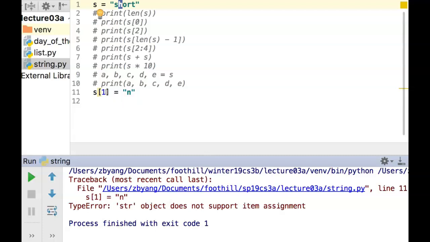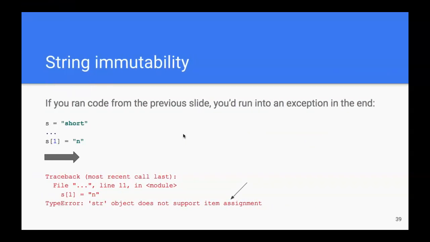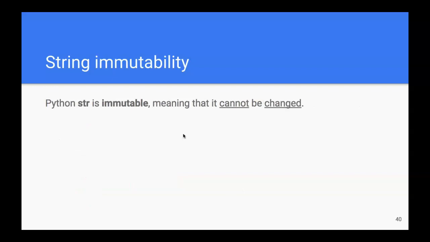So I'm trying to assign something to an item, but it doesn't allow me to do that. Well, what this turns out is that the Python string is immutable, meaning that it cannot be changed. This is as opposed to the Python list, which is mutable, right? Python string is immutable.